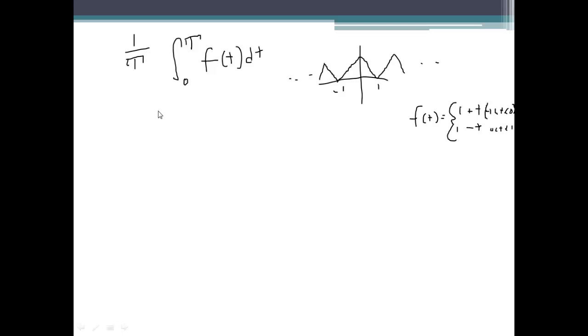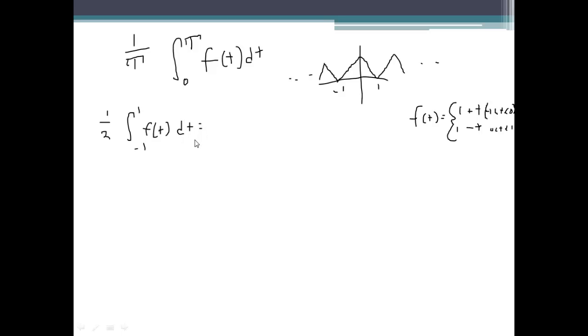So our function has a period of 2 because it goes from -1 to 1 before it repeats. And between -1 and 0, it has this value of 1 plus t, and then from 0 to 1, it's 1 minus t, because it's just these two line segments. So in order to do our integral, we can say 1 over 2, because that's our period. The integral from -1 to 1, f of t dt.